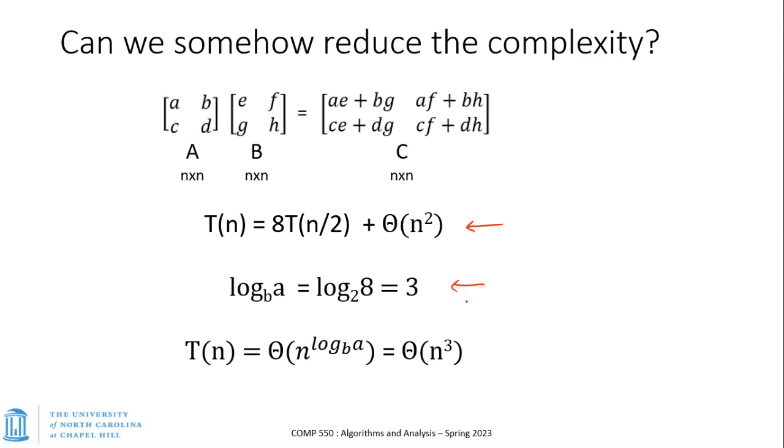What could we do with this recurrence relation to reduce the complexity? If somehow magically we could change parts of this equation, what would we change? Yes. Okay, so either we could reduce A or we could increase B.